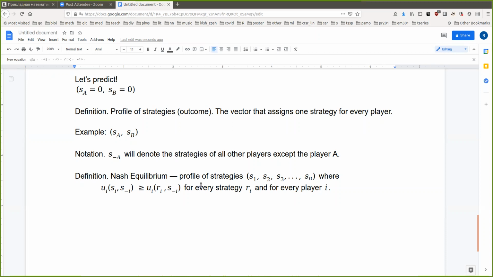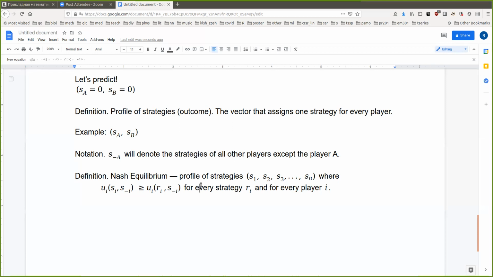If he chooses to play R instead of S, fixing other players' strategies, then he will receive less or maybe the same amount of money as in the case where he plays S_i. Okay, any questions? No questions, that's clear.